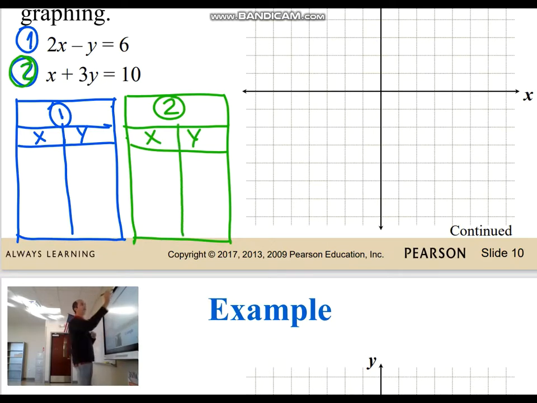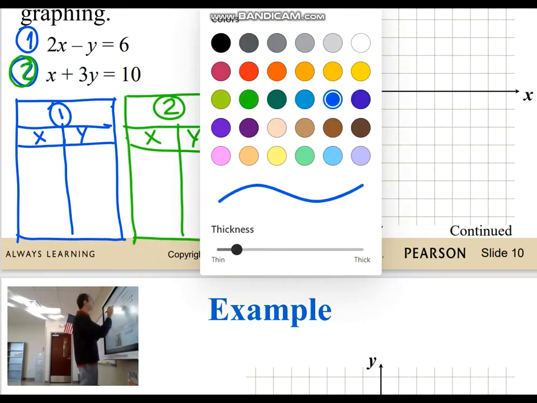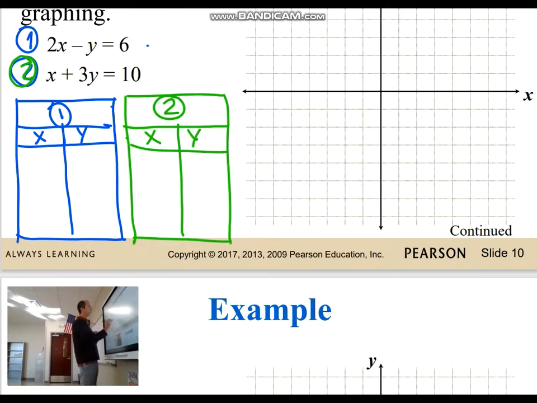Let's say for equation number 1, if x equals 0, then negative y equals 6, y equals negative 6. For y equals 0, then 2x equals 6, x equals 3.